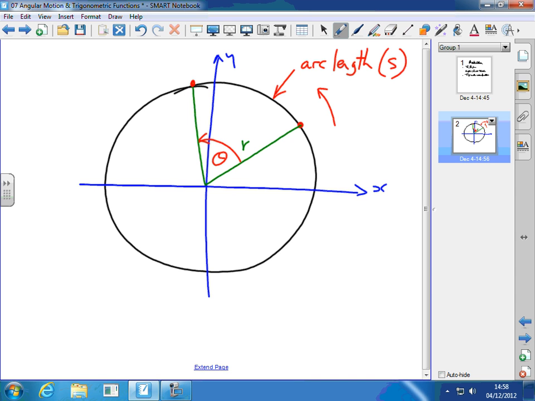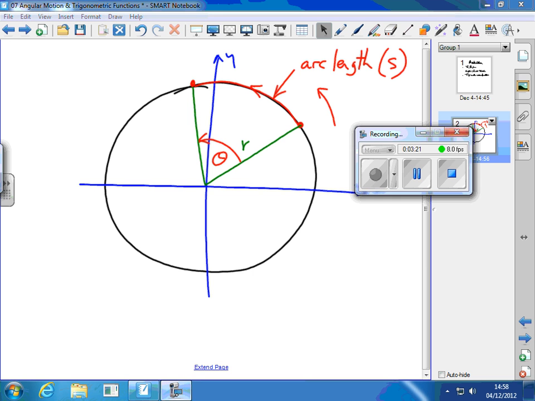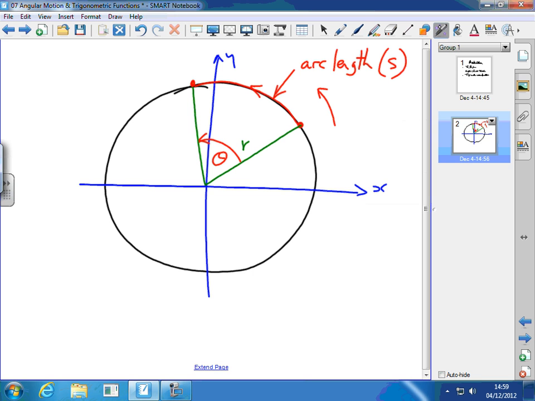So this distance from here to here is the arc length. This measurement of angle then, that's going to give us an idea of how far we've moved around the circle from a point to another point.